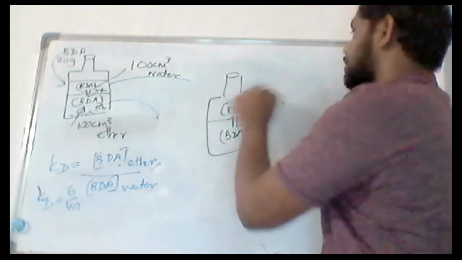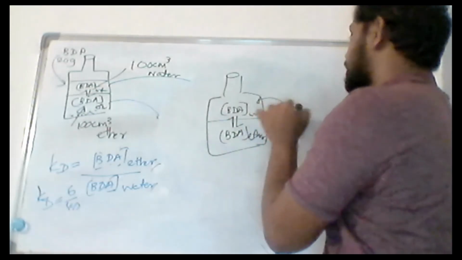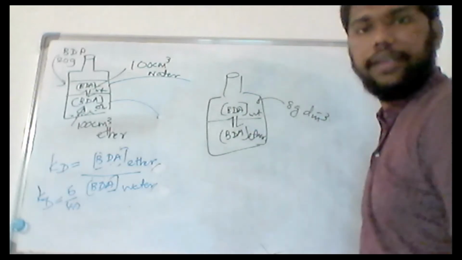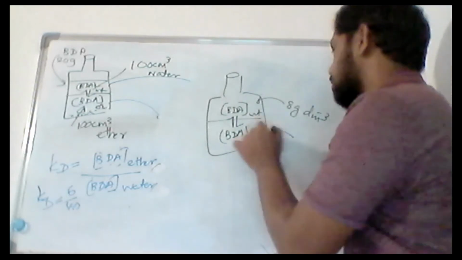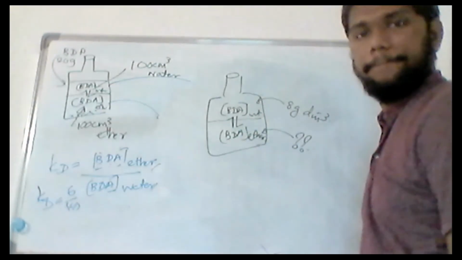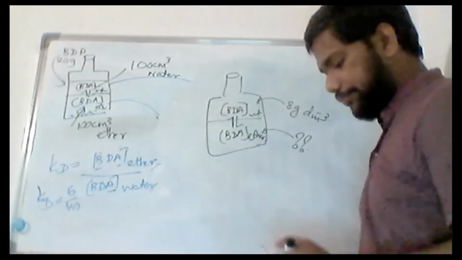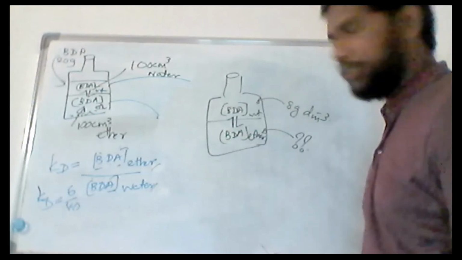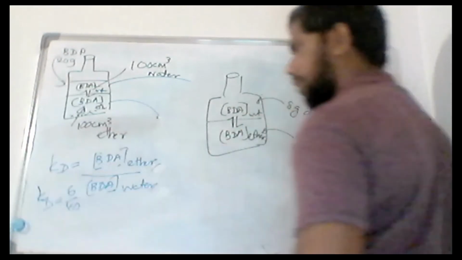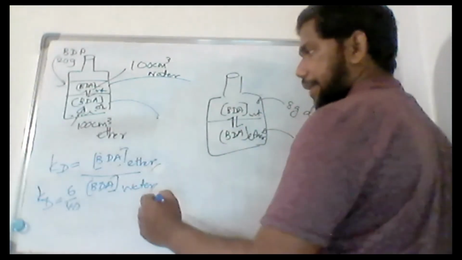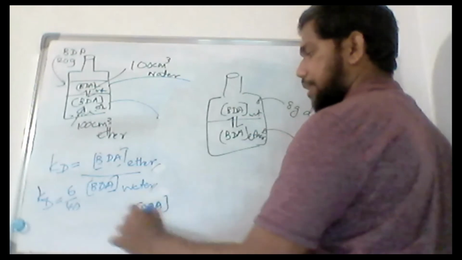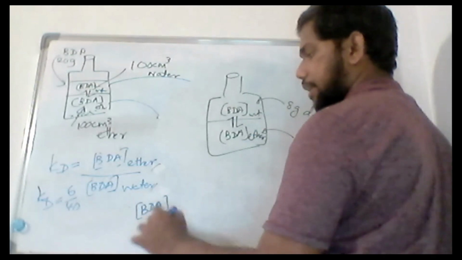So they have given the solubility is 8 grams per decimeter cubed, right? Now they are asking, what is the solubility here? What you know from this one is the concentration of BDA in ether.